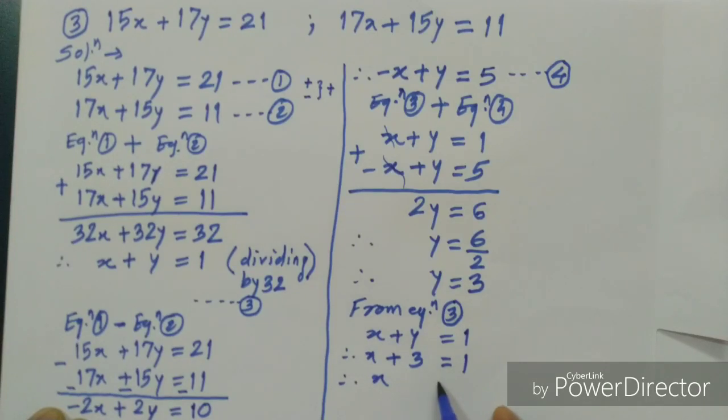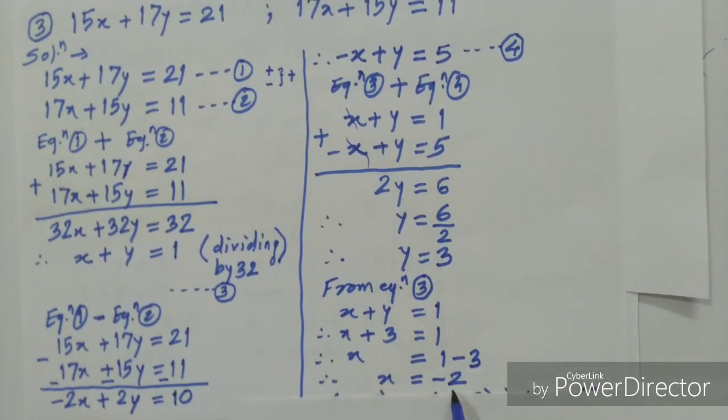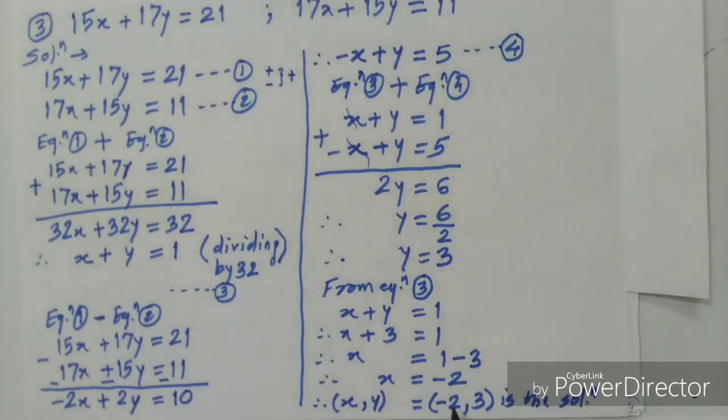Therefore x is equal to 1, and plus 3 becomes minus 3. x is equal to 1 minus 3, subtraction is minus 2. x is equal to minus 2. The variables x, y: value of x is minus 2 and value of y is 3, that is the solution.